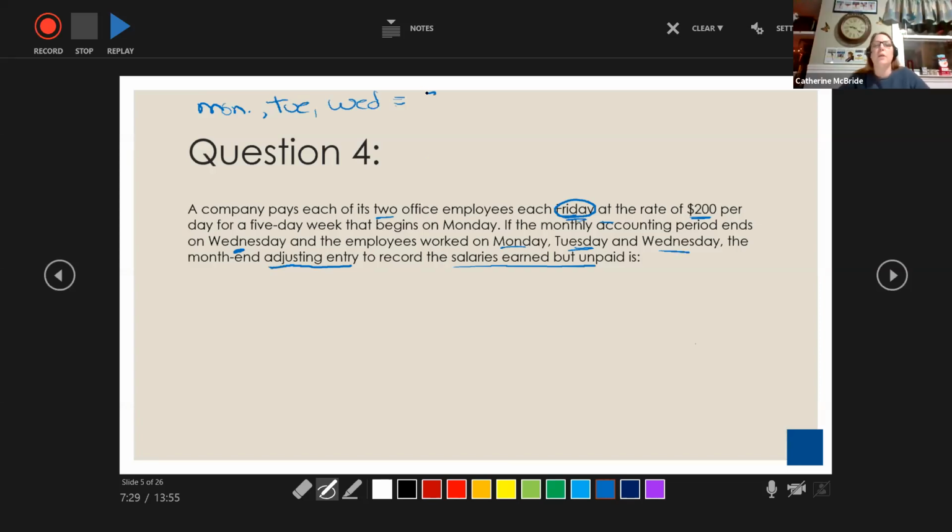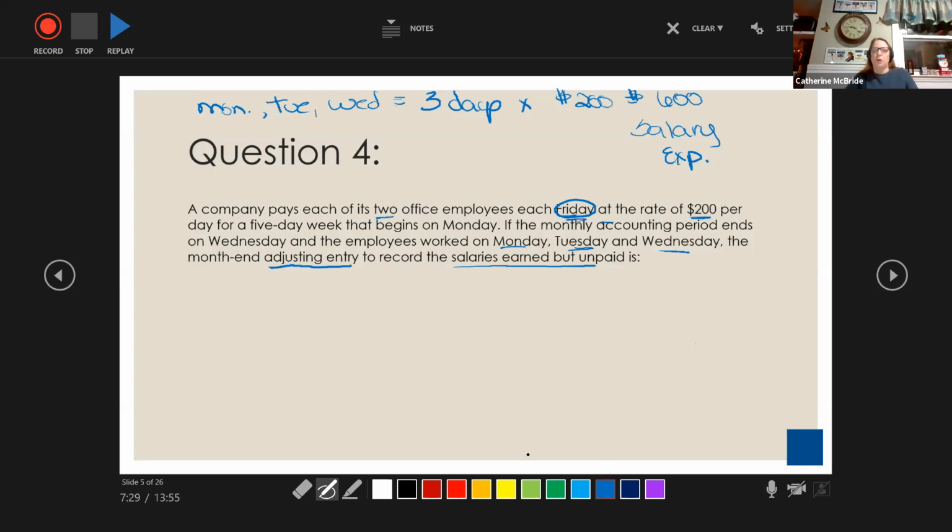So this is 3 days worth of expense that we haven't recorded yet. At $200 a day equals $600. This is the salary expense that's been incurred, but we haven't recorded because we would typically do that on Friday when we do payroll.